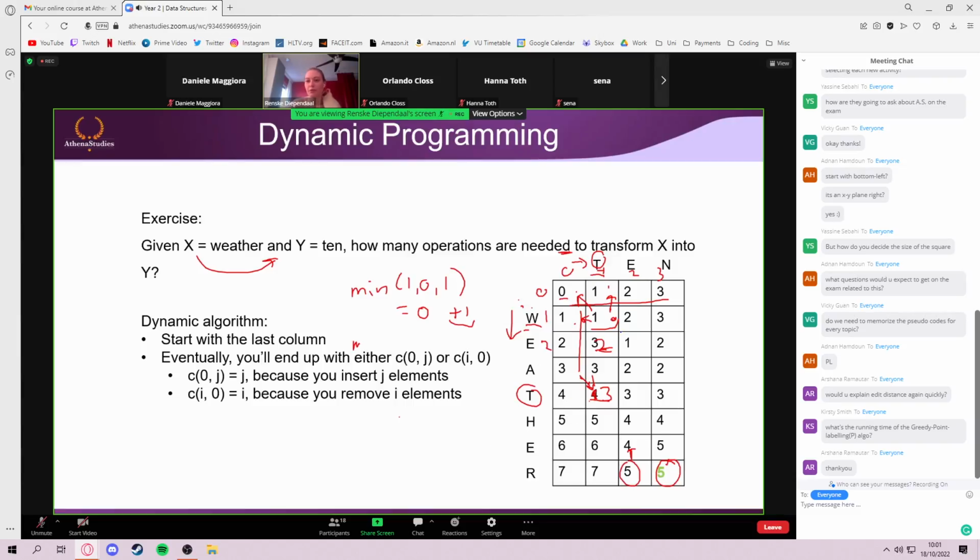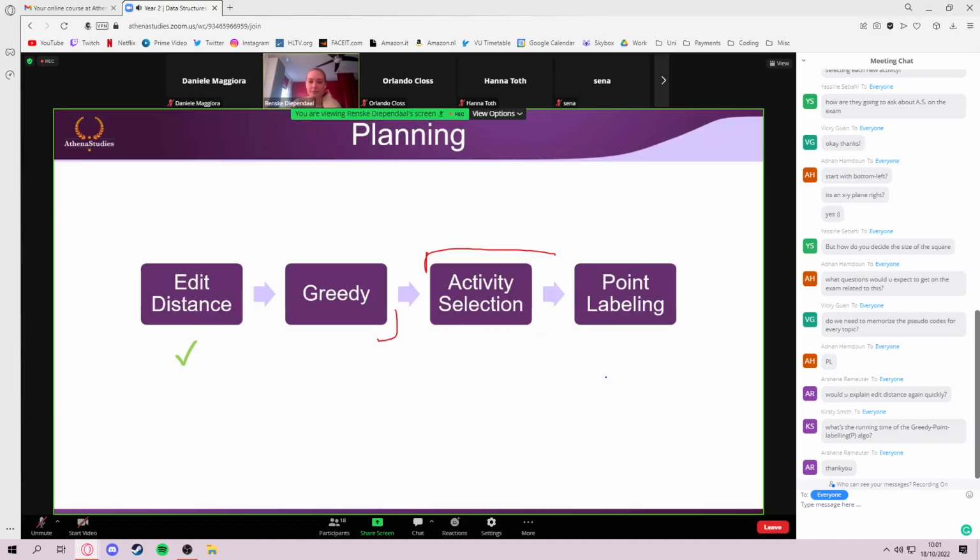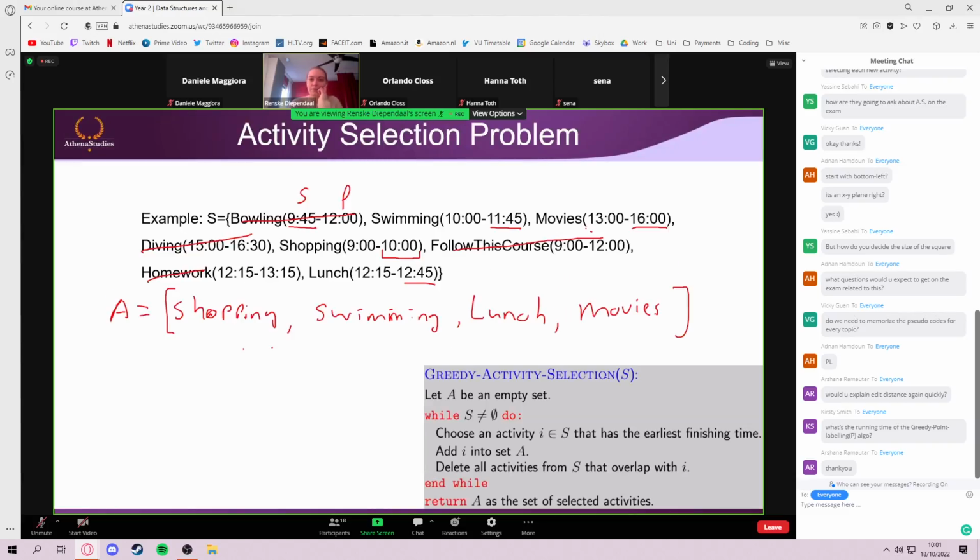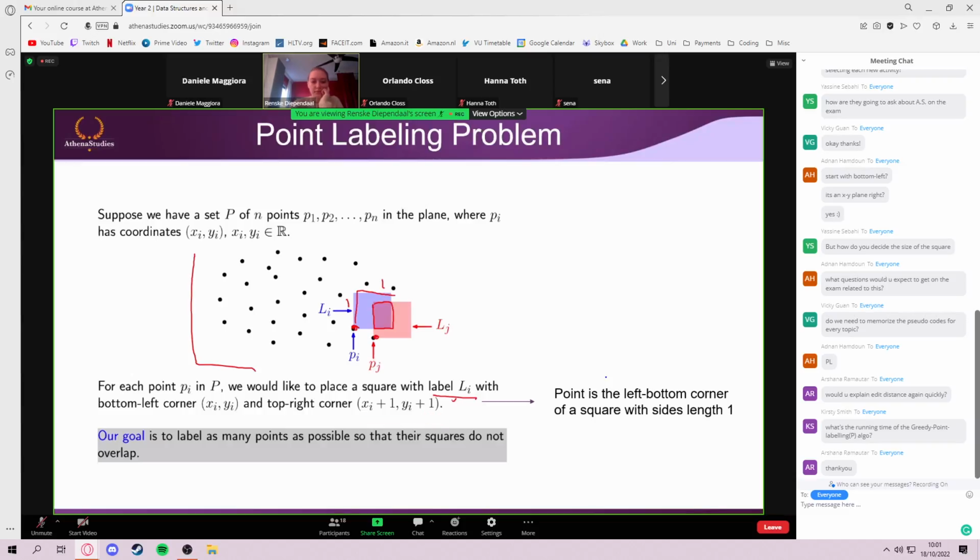What's the running time of the greedy points labeling algorithm? Let's see. Okay, so we have endpoints. I'd say you need to sort the endpoints.